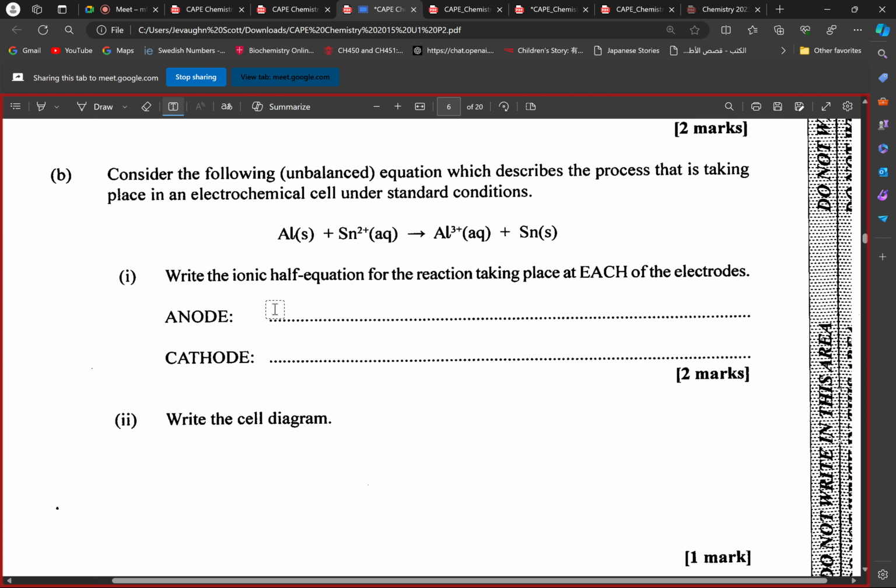Aluminium, solid, therefore aluminium will be the anode. I'm doing the anode equation. So we're saying that the more reactive metal will be the anode, yes?